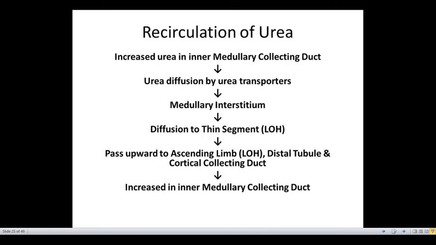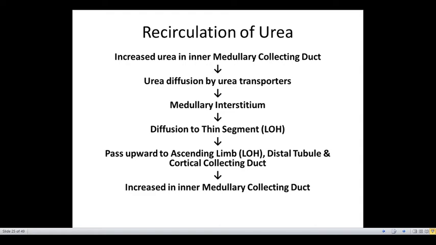Increased urea in inner medullary collecting duct causes urea diffusion by urea transporters into the medullary interstitium, from where it is diffused to thin segment of the loop of Henle.